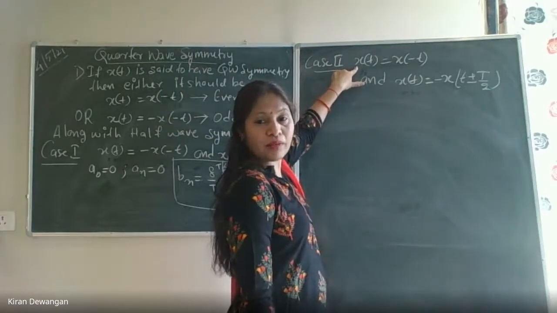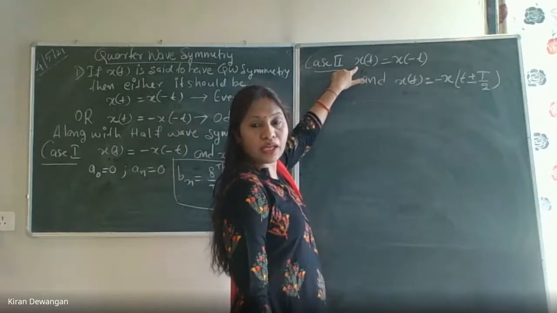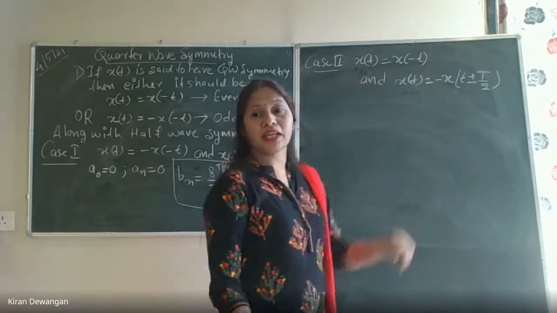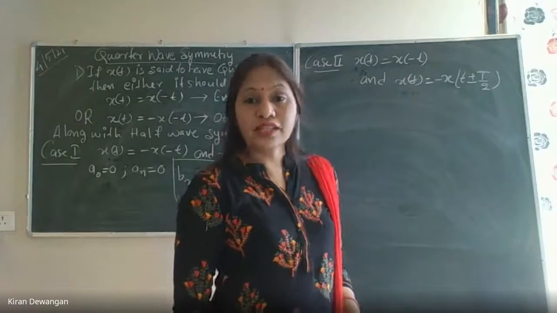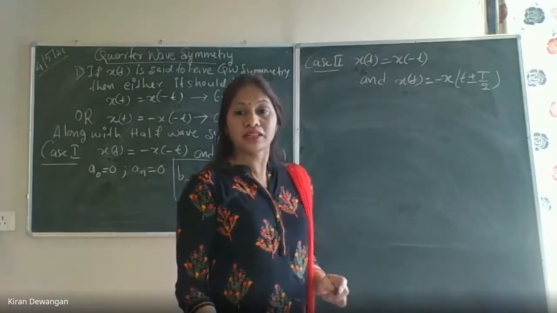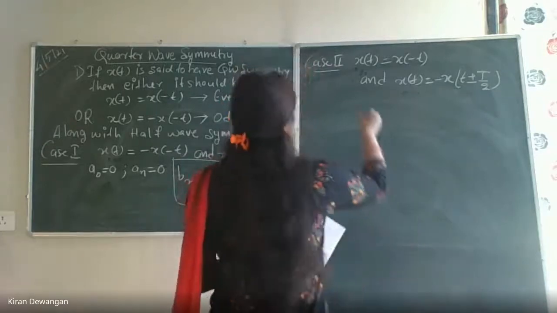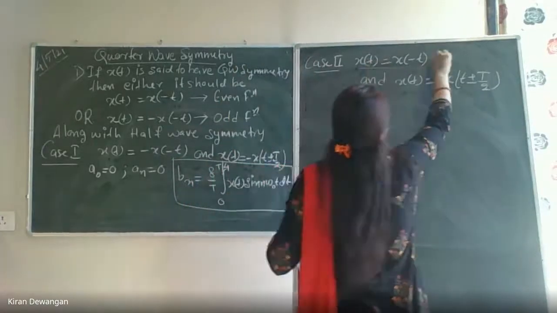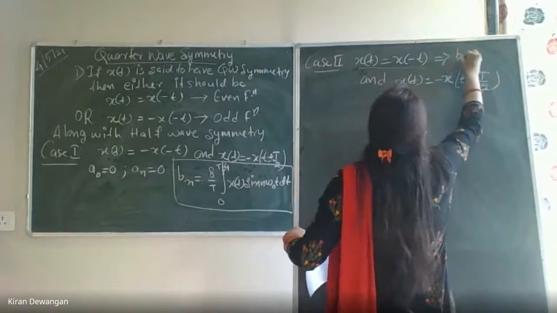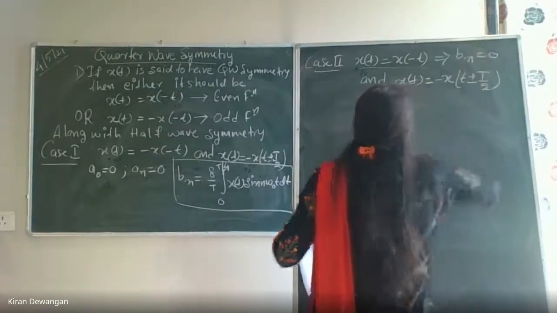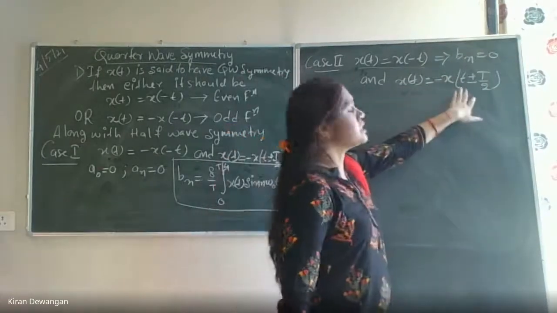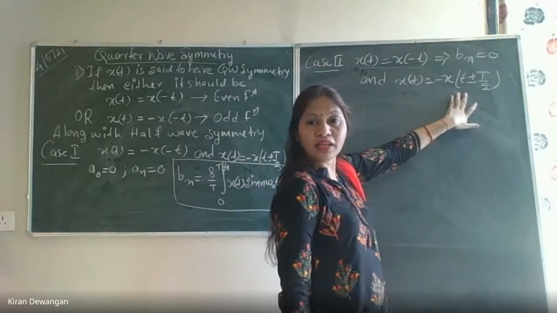कौन सा पैरामीटर आपको 0 रहता है among a naught, an and bn? If it is satisfying the condition of even symmetry, then which parameter is 0? Correct. bn is 0. ठीक है, तो इसमें आपका bn 0 हो जाएगा. And in half wave symmetry में क्या 0 रहता है?